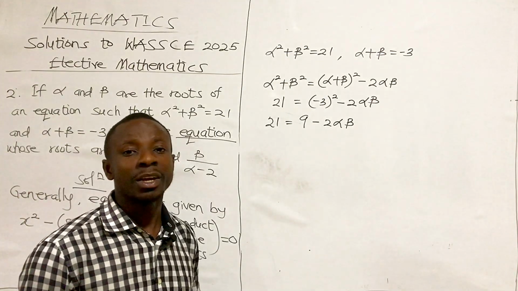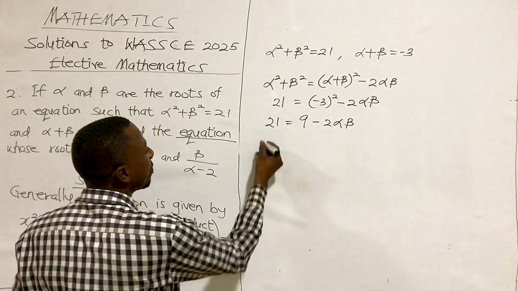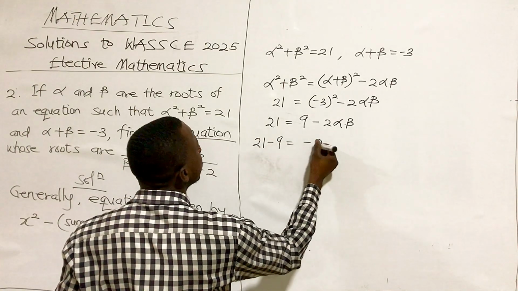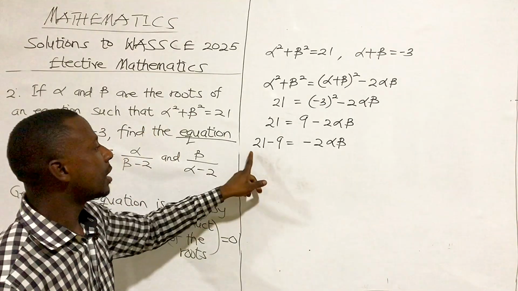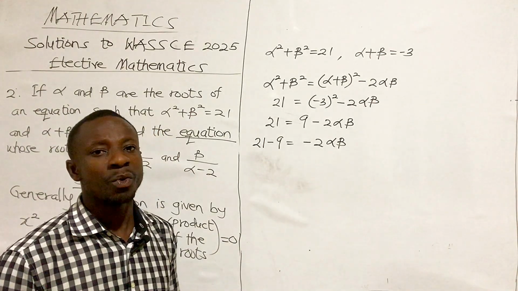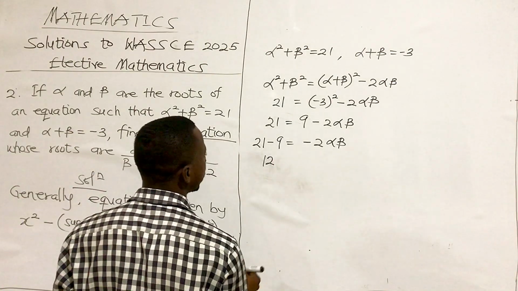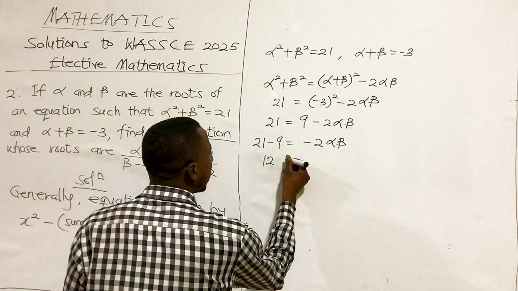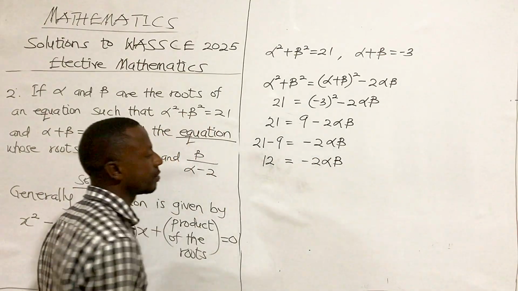Grouping like terms, 21 minus 9 is equal to negative 2 alpha beta. 21 minus 9 gives 12, which is equal to negative 2 alpha beta.